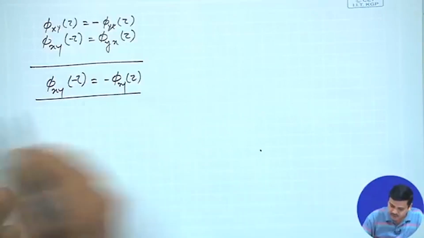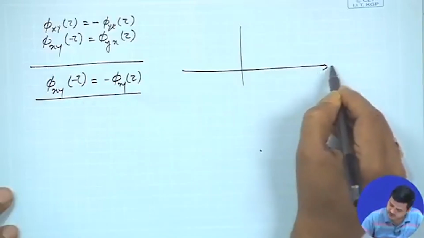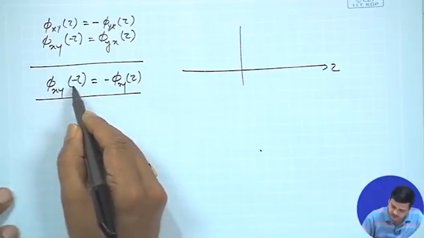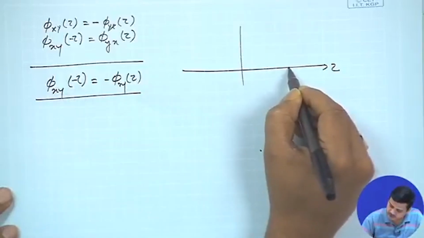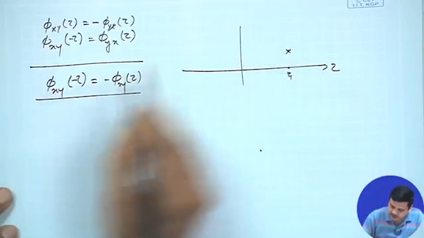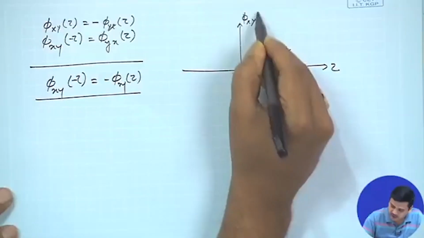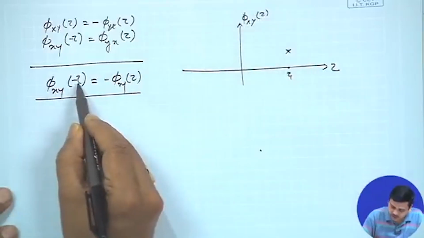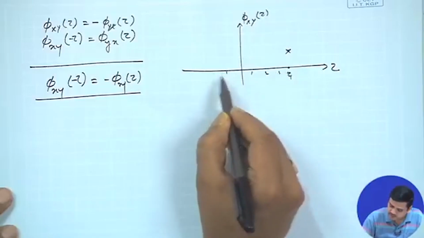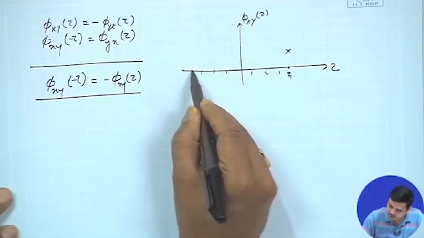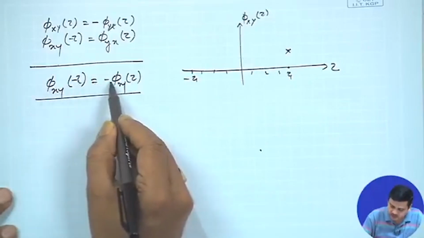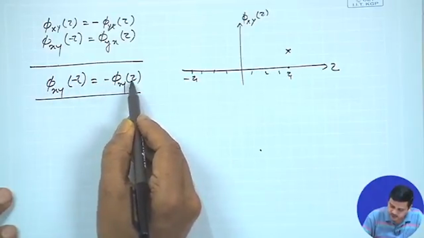What this basically means is, if we have this tau axis, let us say phi xy at some value of tau, let us say tau 1, has a value here, and then I want to find phi xy of minus tau. So phi xy at let us say 1, 2, 3 some time interval, right. Here I want to find it at minus tau 1, phi xy at minus tau 1 is equal to minus phi xy of tau.